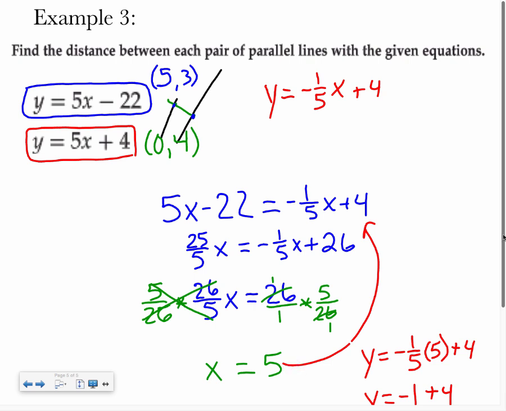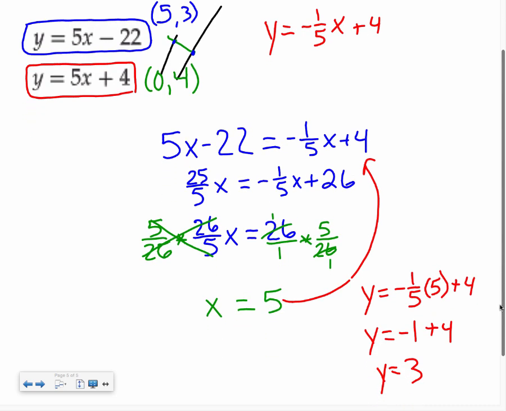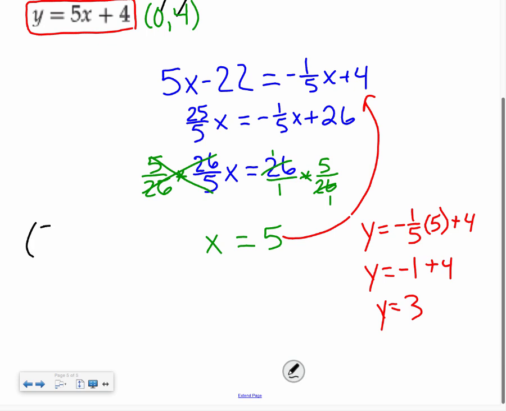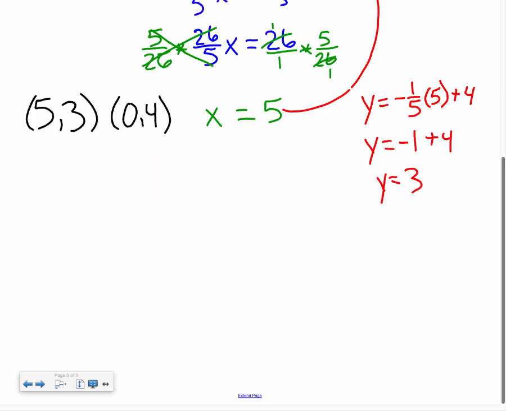I want to find out how far apart these 2 points are. So we are going to use the distance formula. So we have (5, 3) and (0, 4). We use our distance formula.